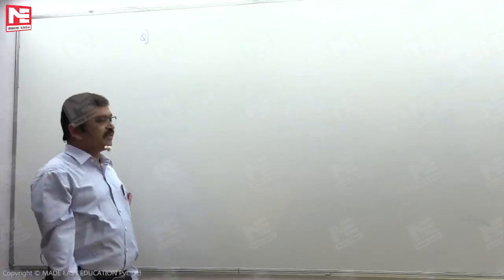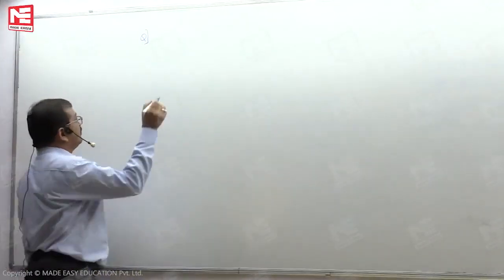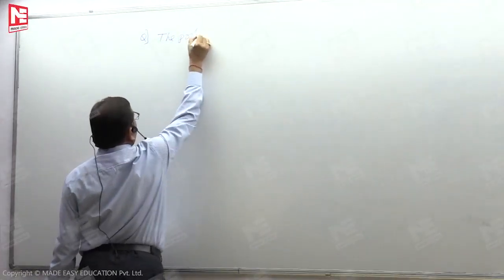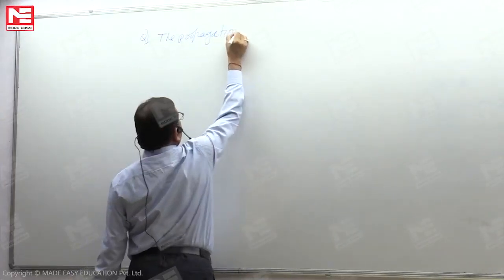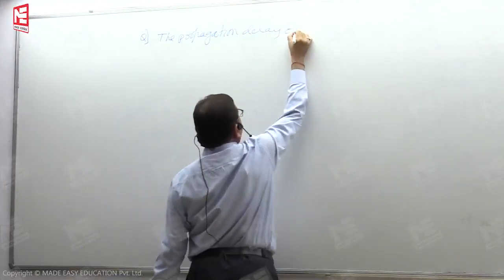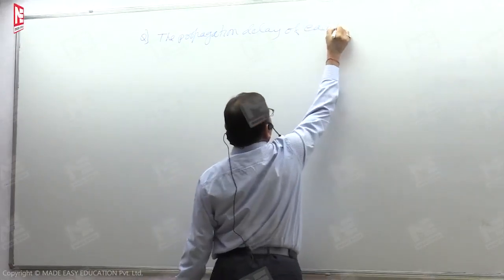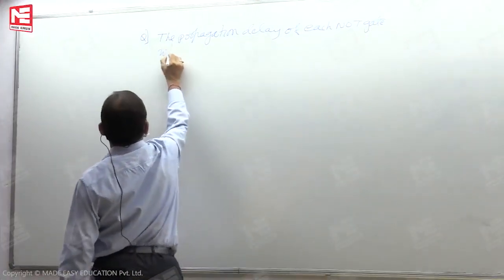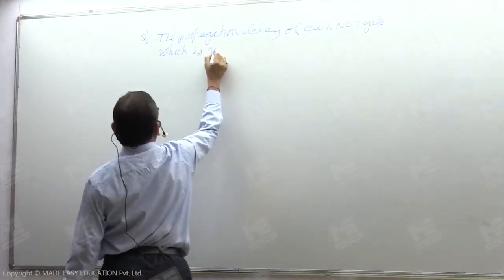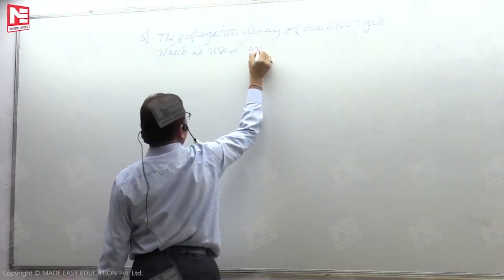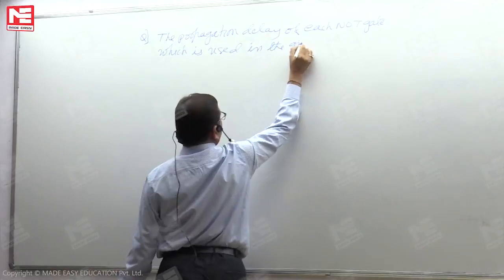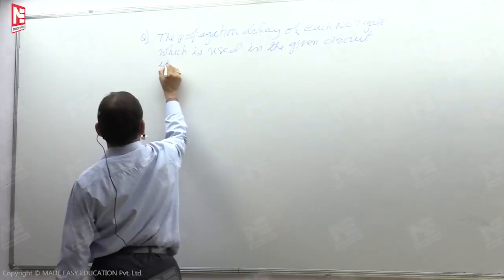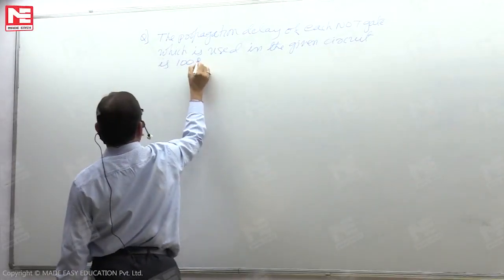Let us try a question. The propagation delay of each NOT gate, which is used in the given circuit, is 100 picoseconds.